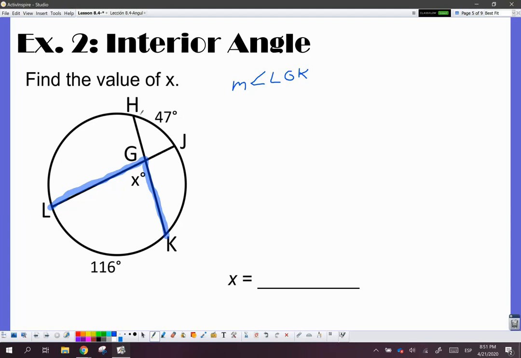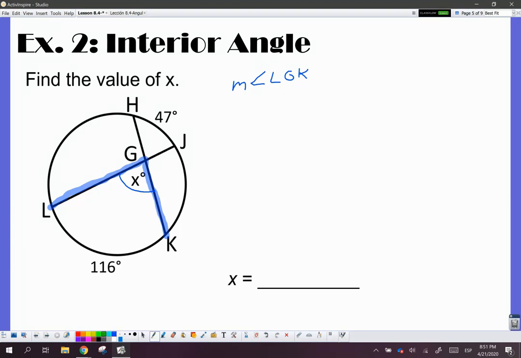Now we also have 4 angles here, and like we said earlier, we need to identify the vertical angle to angle LGK. So remember, vertical angles are kissing angles directly across from each other.